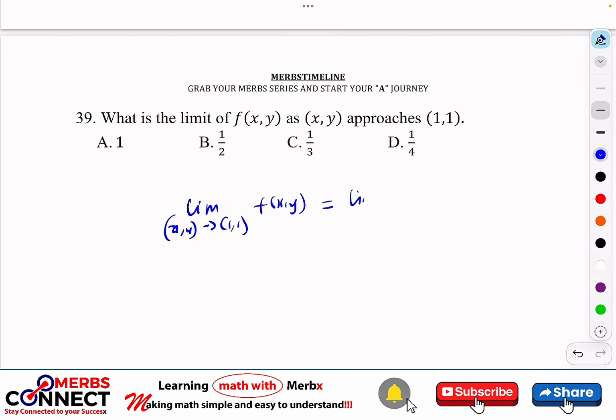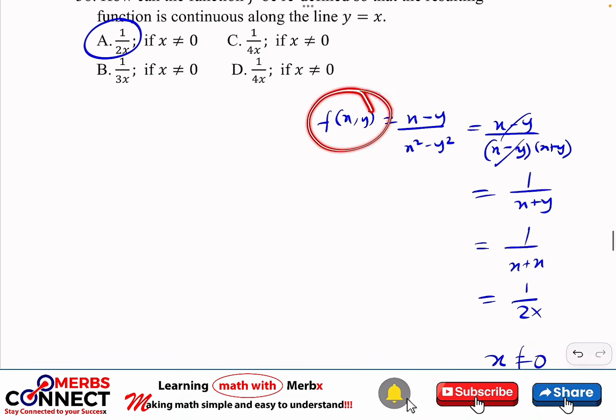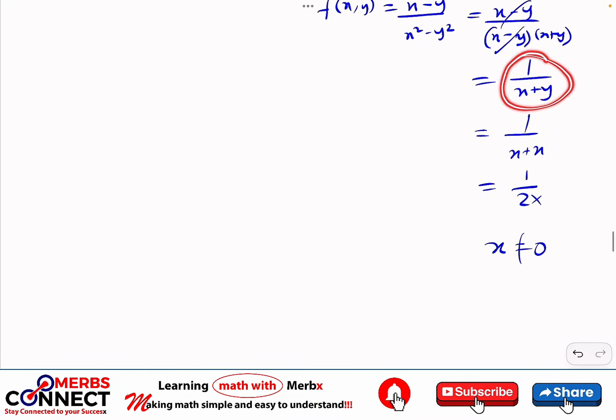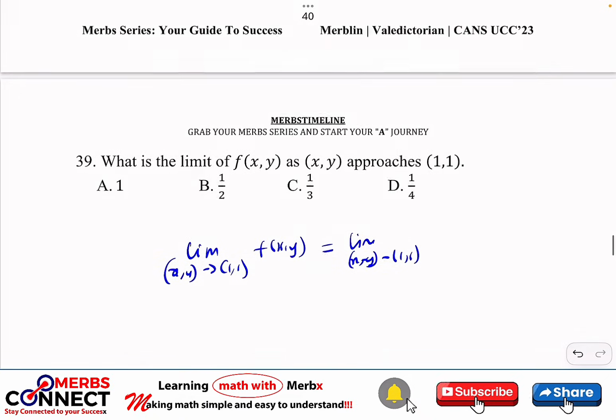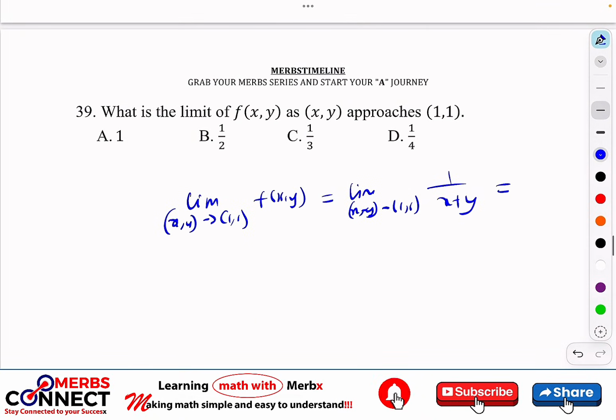Now remember that we simplified f of x, y because of the limit. So this is going to be 1 over x plus y. Plug in 1, 1 and we get 1 over 1 plus 1, and this is 1 over 2. So we are going to have this.